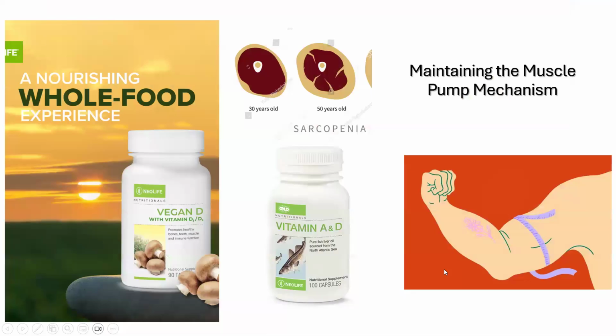And then we mentioned vitamin D. We have two types. We have vitamin D in other products as well, but vegan D is important. And vitamin A and D is also an excellent product.